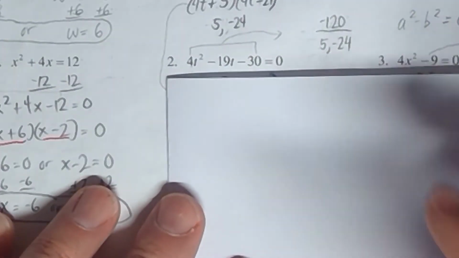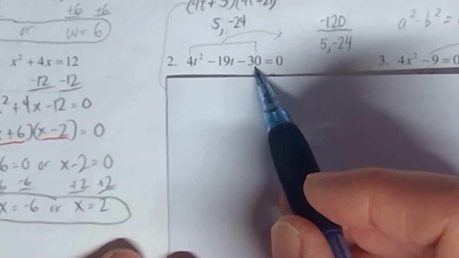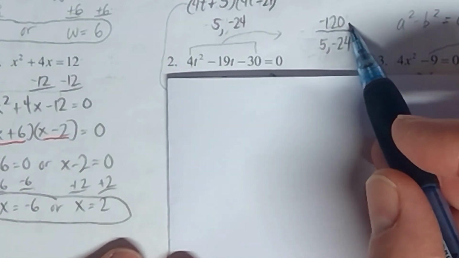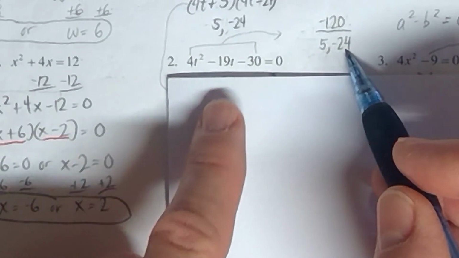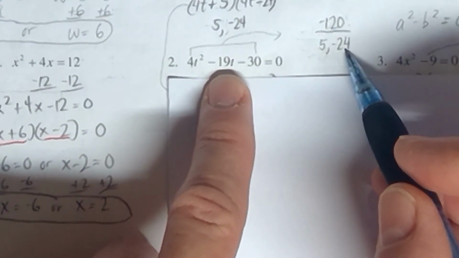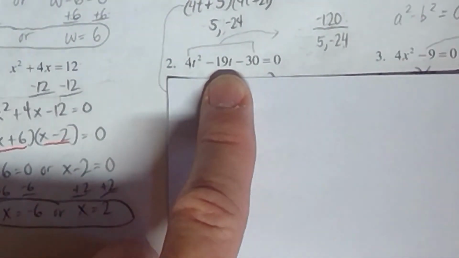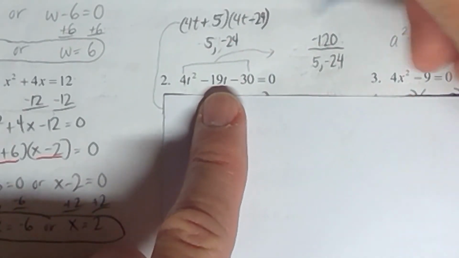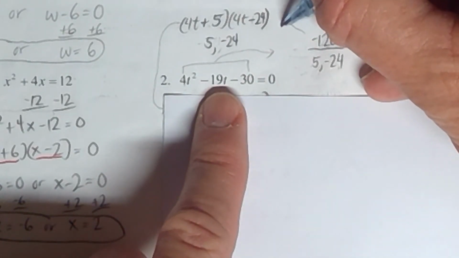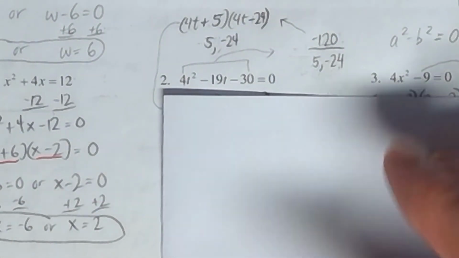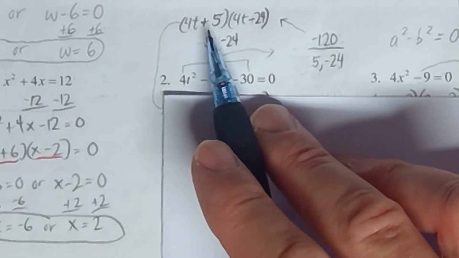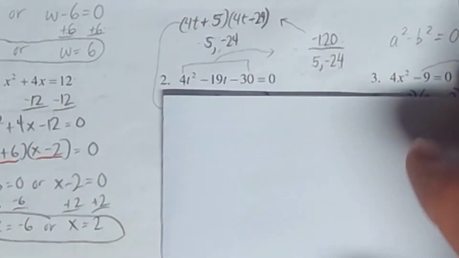Okay, we end up getting 4 times negative 30 is equal to negative 120. And then these are the 2 numbers that add up to negative 19 out of that. So again, I'm doing the Berry method here. I just showed the work in a little bit of a different place there. 4t plus 5 and 4t minus 24.